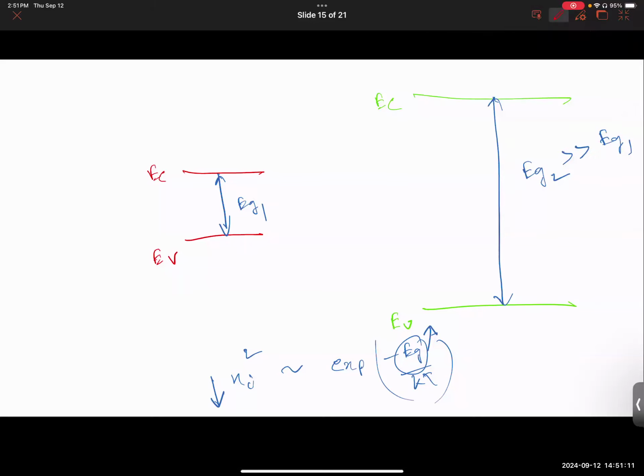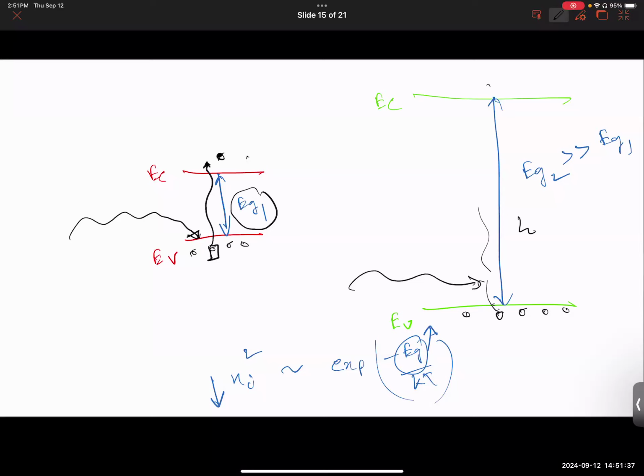Let's see whether it makes sense intuitively. Imagine you have electrons here, in the valence band. For a lower band gap, it will be possible for the electrons to get some energy, maybe thermal energy, and jump up to the conduction band and create electron hole pairs. So now there is an electron hole pair over here. But for such a huge band gap, even if you provide some external energy, the electrons will probably not be so easily able to go to the conduction band and create electron hole pairs.